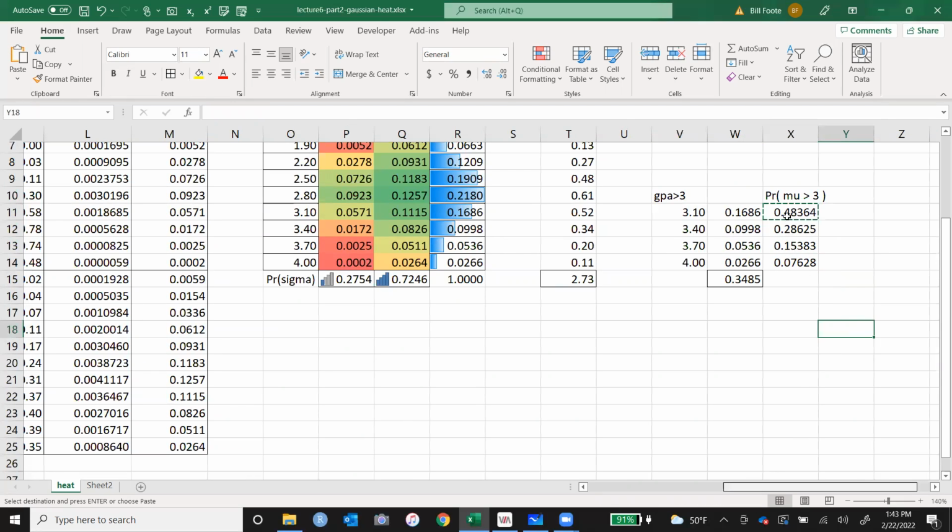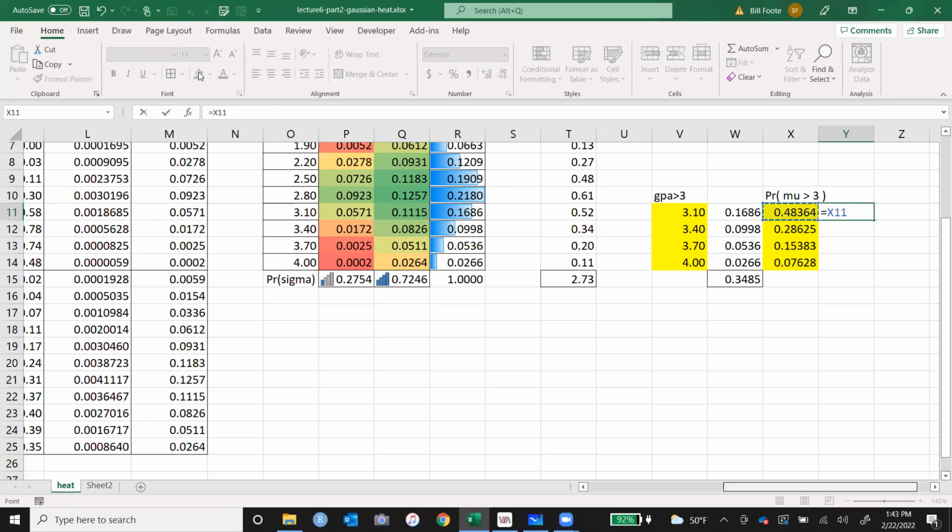And now we take these numbers and multiply them times those numbers. That will be our weighted average: take the probability times the outcome, 0.449, almost 1.5.